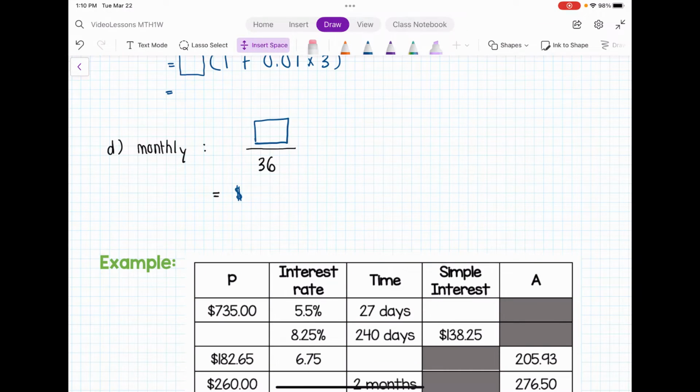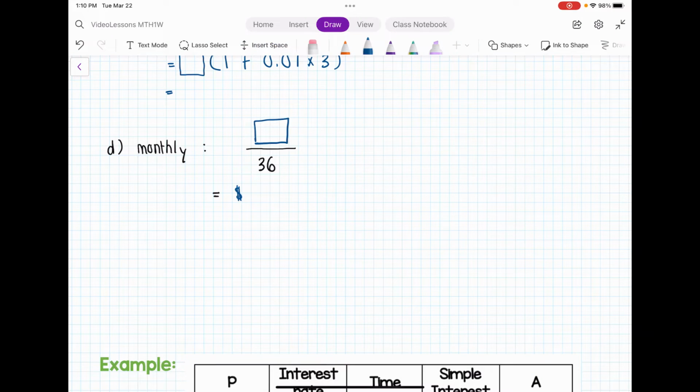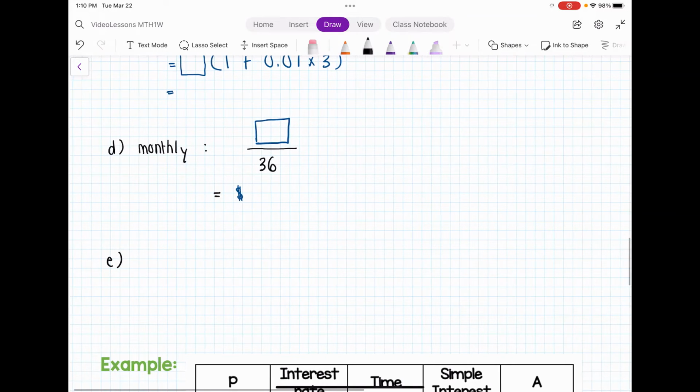How much does the equipment cost him? Because remember, he didn't pay cash, he took it on a monthly payment. He paid a deposit and then he had monthly installments. So he ends up paying more because he gets charged interest.